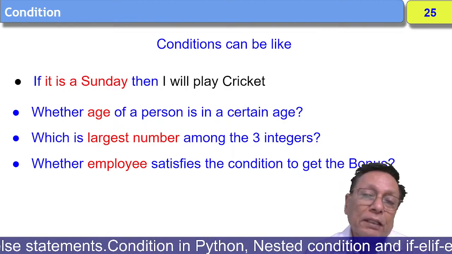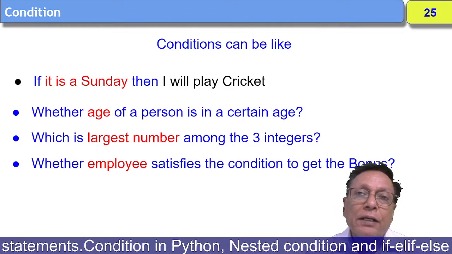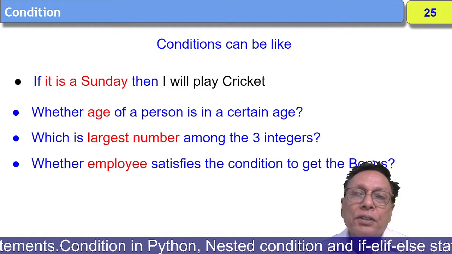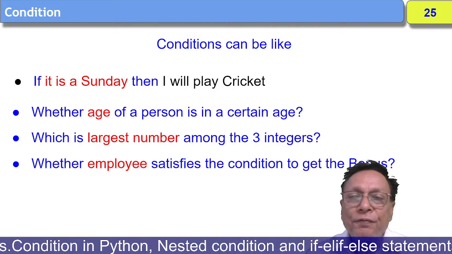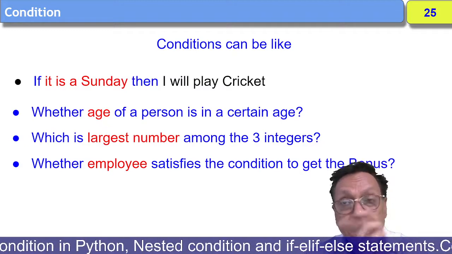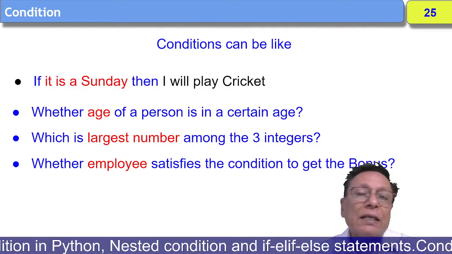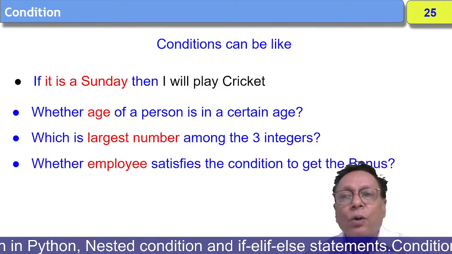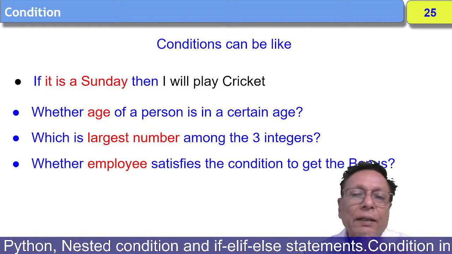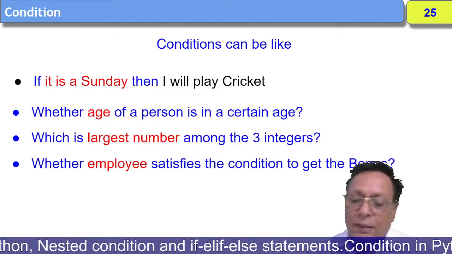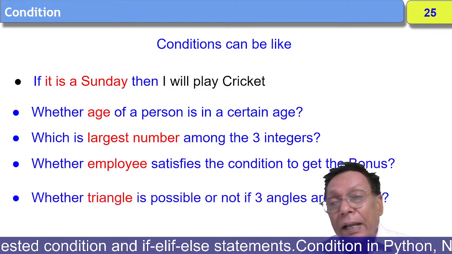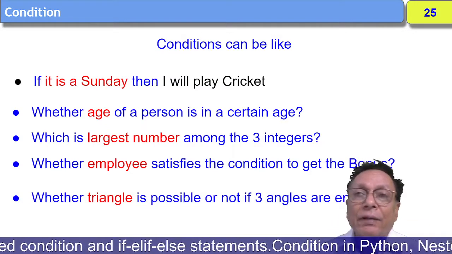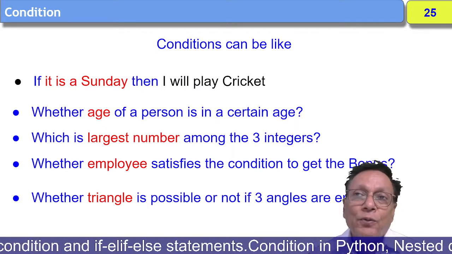Maybe in the company there is a certain criterion under which an employee gets the bonus. So if, meaning condition, if the employee satisfies the criterion, only then can the employee get the bonus.